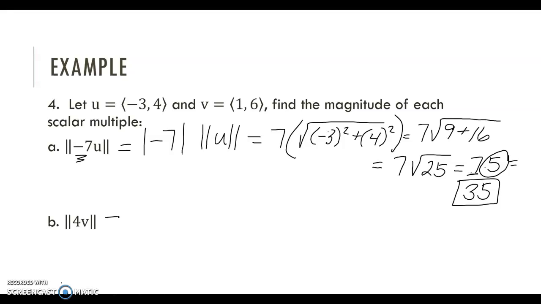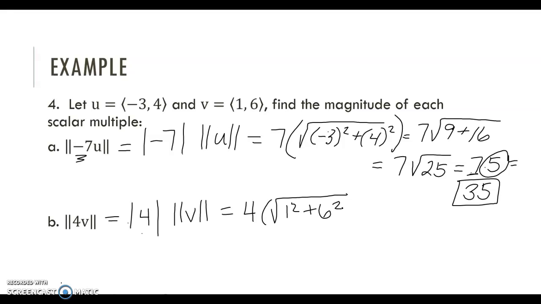So let's do part B here. Again, I'm going to take the scalar out, take the absolute value of that, which would be 4, and then we're going to take the magnitude of vector v. The absolute value of 4 is 4, and then taking the magnitude of vector v, we get the square root of 1 squared plus 6 squared.